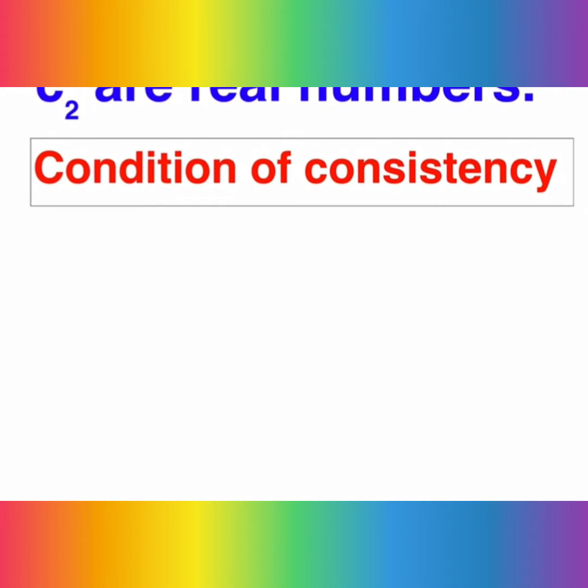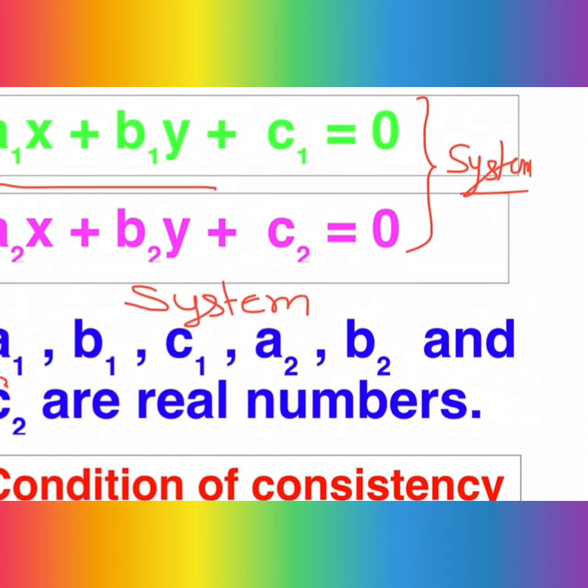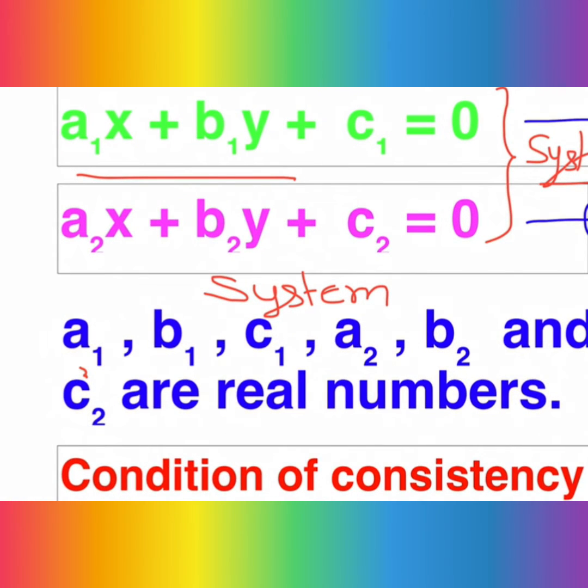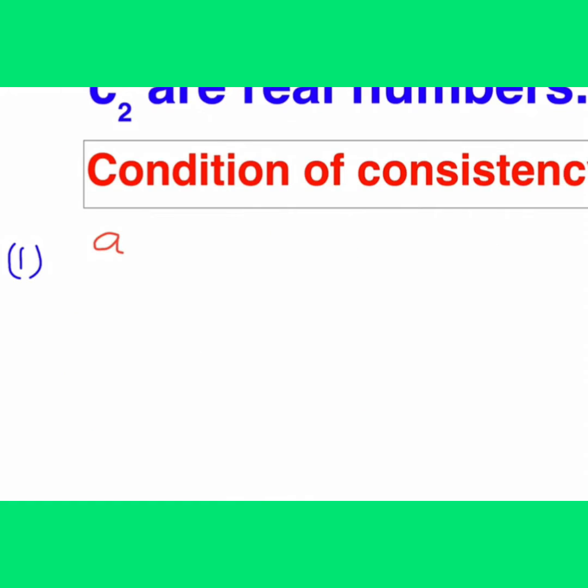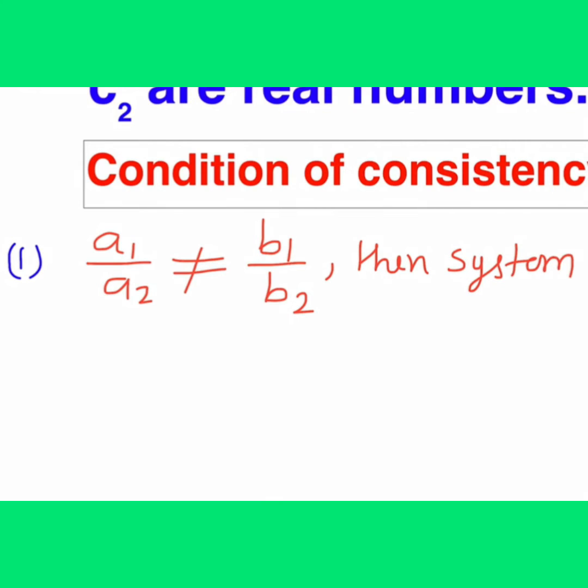Okay, now here are some conditions for consistency. Let this be equation number 1 and this one equation number 2. From these two equations, by comparing a1 and a2, b1 and b2, c1 and c2: if a1 by a2 is not equal to b1 by b2, then the system has a unique solution.